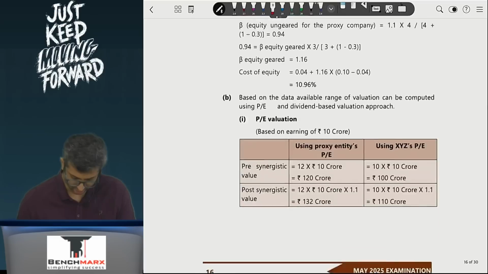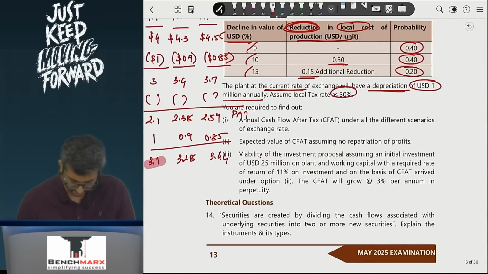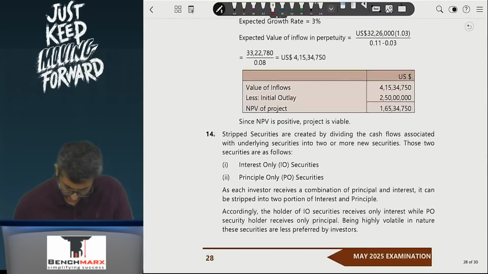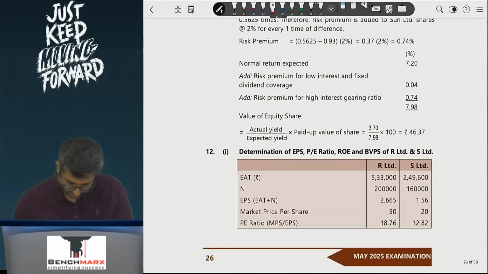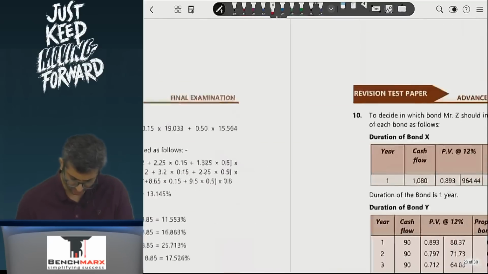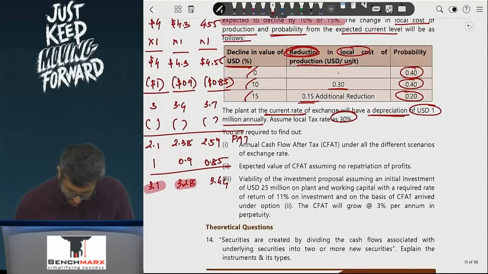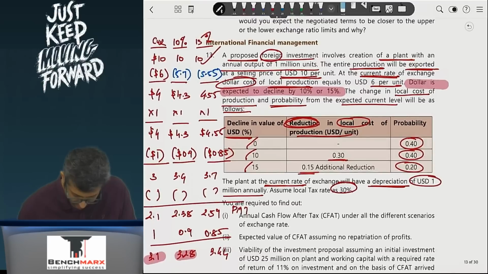So let me just verify. 31 lakh, 3280. One second. Why is it different? Maybe I've taken a wrong calculation. Just a second. 3280 and the last one has some mistake. Maybe I've done a wrong working somewhere. This is, it should be 4.45, I think.